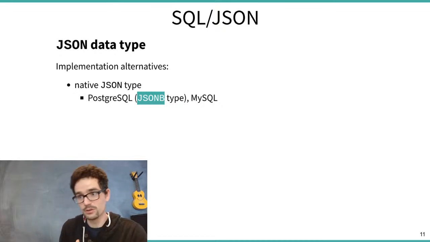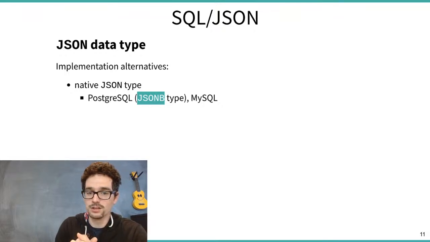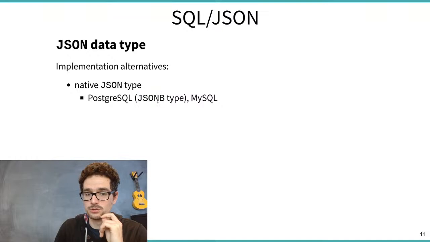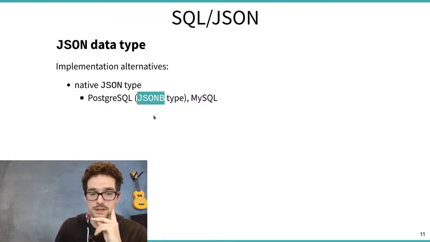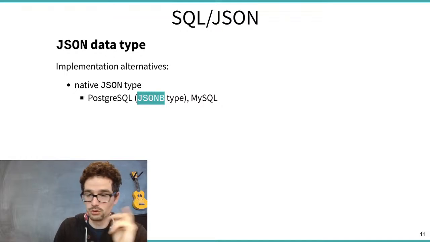The index only supports JSONB, and so on. So I would recommend to you to use JSONB when you work with PostgreSQL and JSON data because of its efficiency, and more functions and indexes are supported for these columns.